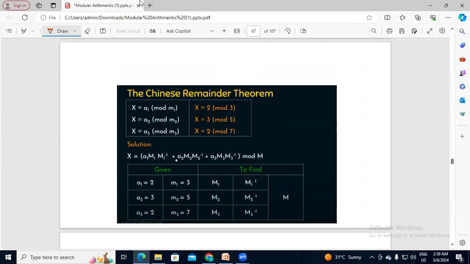Let's say we have the equations: x is congruent to 2 mod 3, the second equation is x is congruent to 3 mod 5, and the third equation is x is congruent to 2 mod 7. X is common, and the equations are different: the right-hand side is different, the left-hand side is the same.